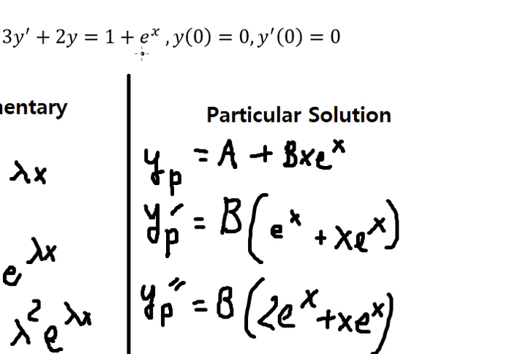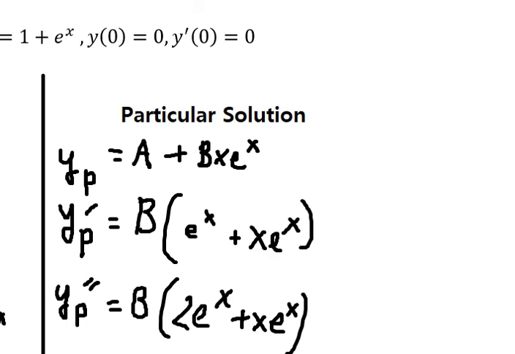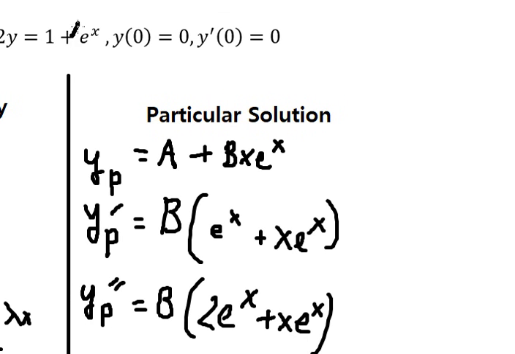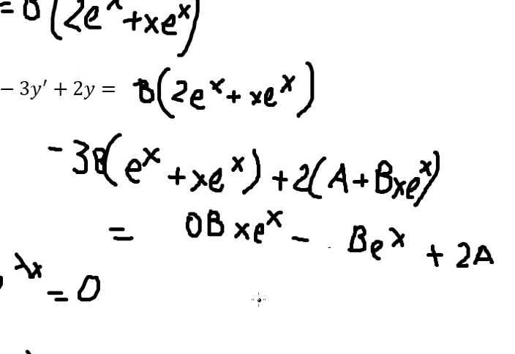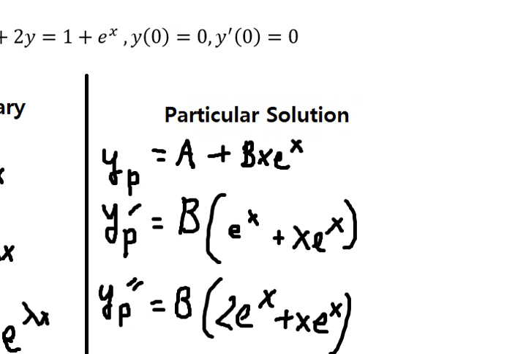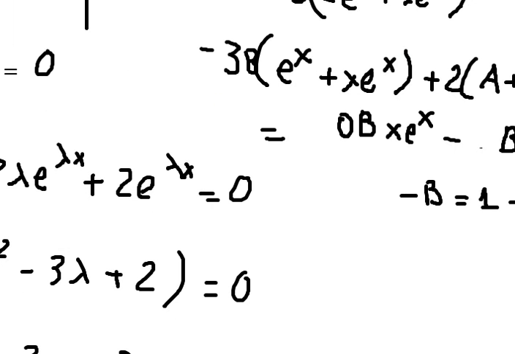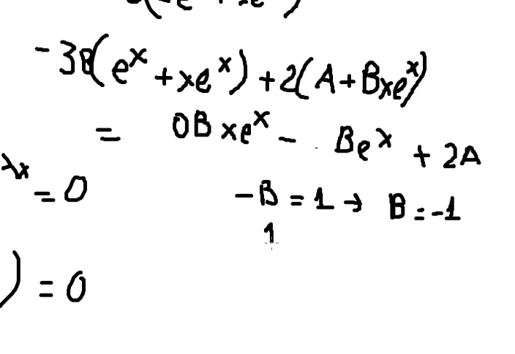So we see that we have e to the power of s. That means the coefficient of this one is 1, and this one is negative b. So negative b equals 1, and now b equals negative 1. We have 1, so 1 equals 2a, so a equals 1 over 2.